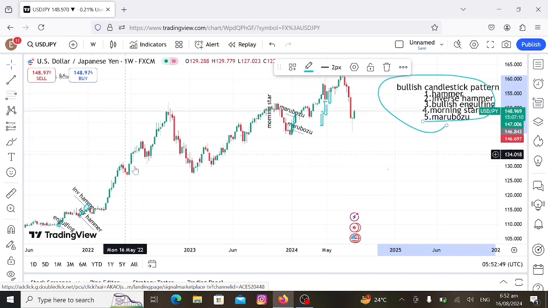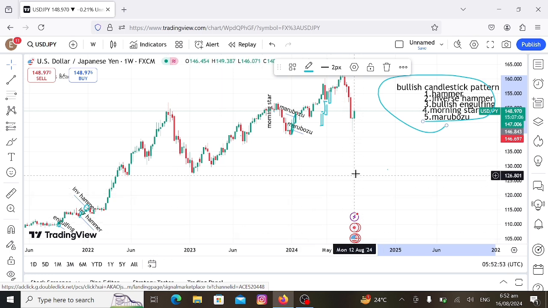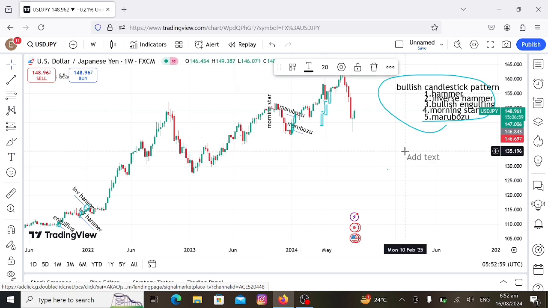So the next on the line should be the bearish. Let's go for the bearish. The bearish candlestick.